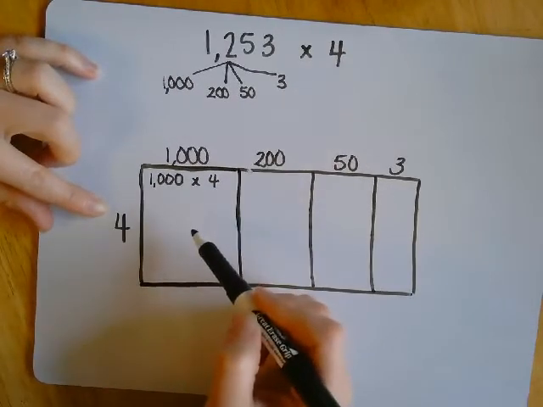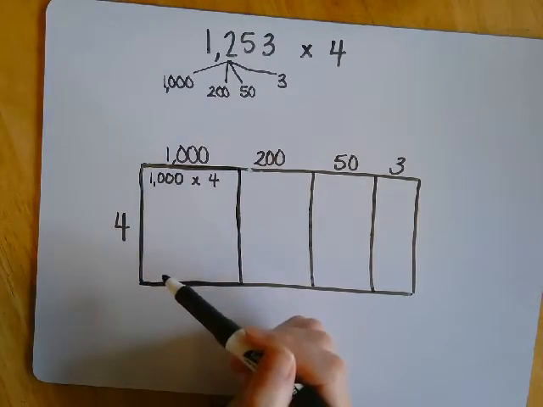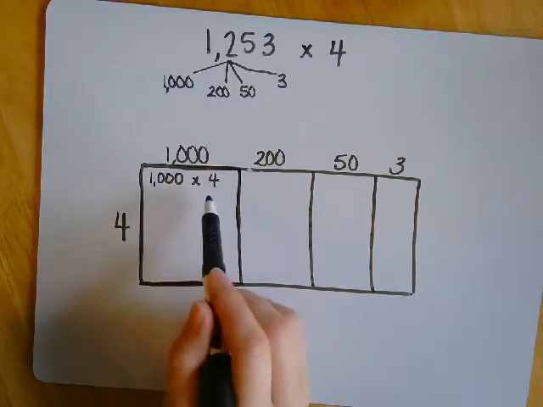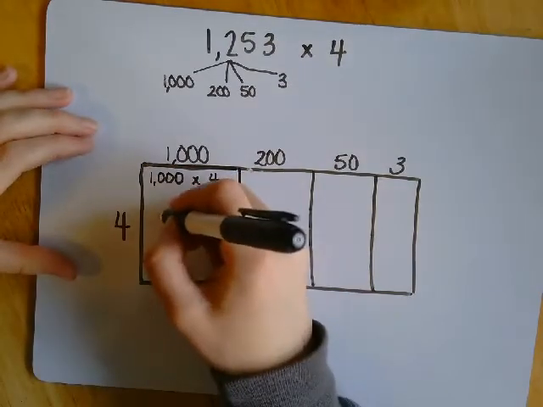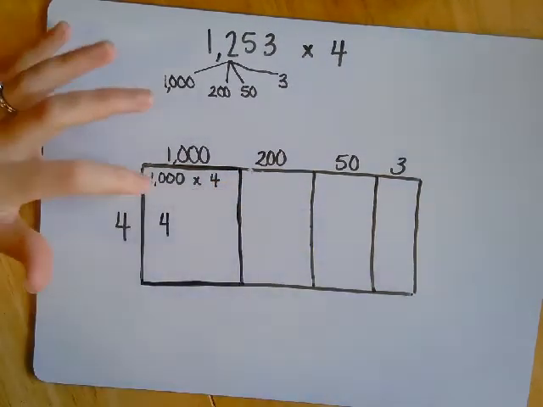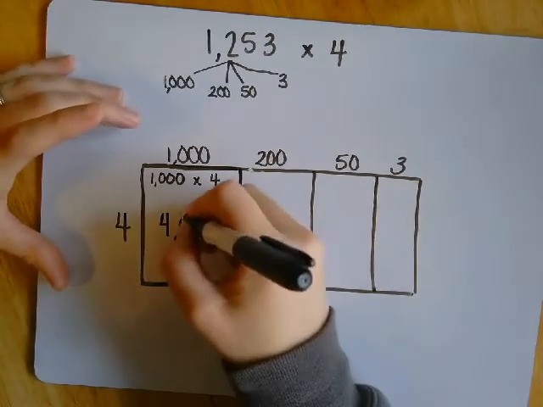And we find the area by multiplying the length times the width. So if I multiply 1,000 times 4, I can look at that as 1 times 4. But because I am multiplying by 1,000, I just need to add 3 zeros.